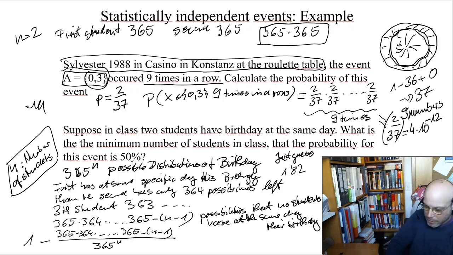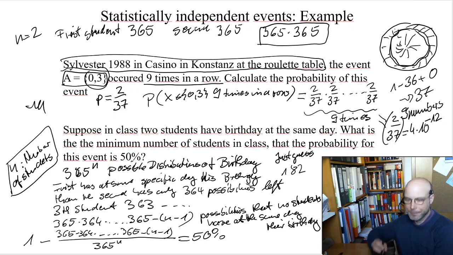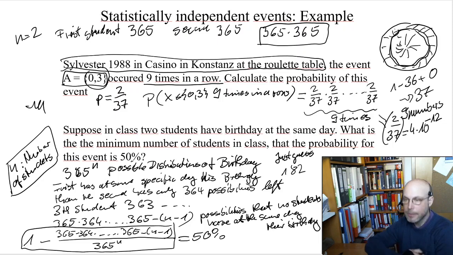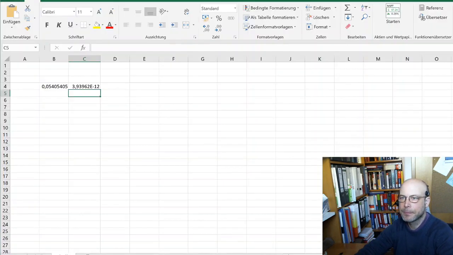And this we then set equal to 50%. Well, unfortunately, there we have of course no analytical solution for this. And then we can again ask Excel to solve this problem. And then we go in here and let's start.